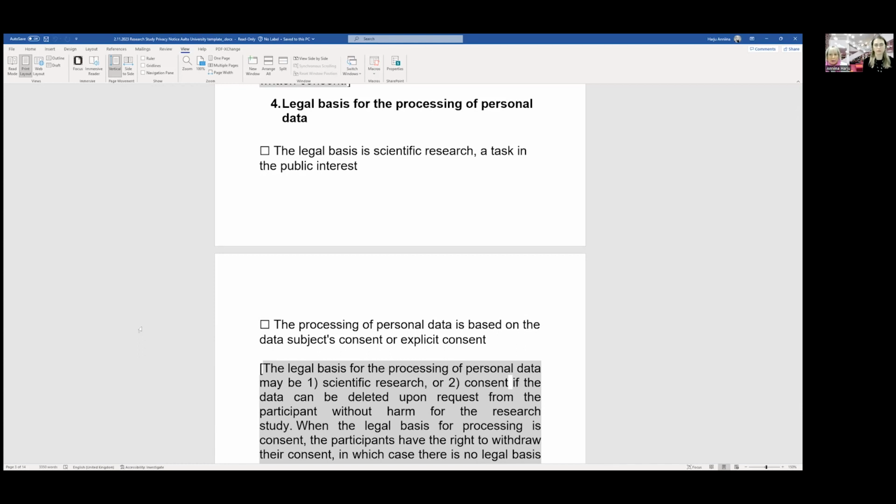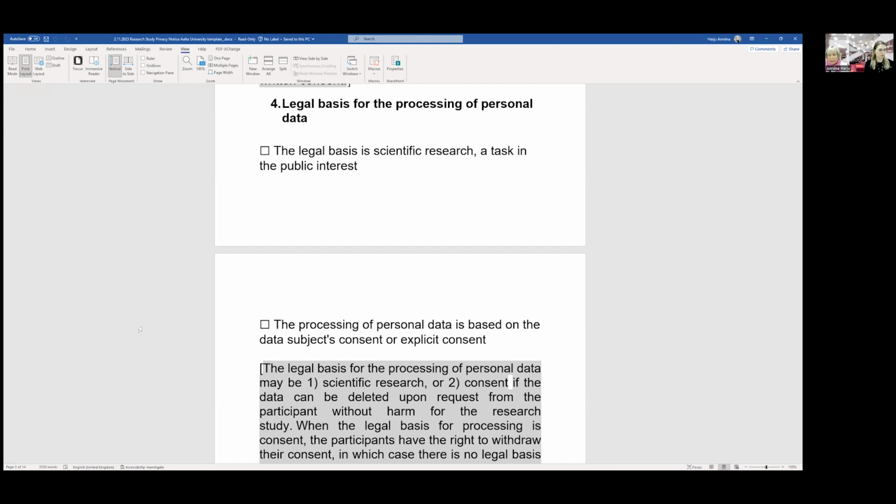And then we come to the legal basis. Then I must remind you that this is for studies where Aalto University is the controller, and we are therefore using the Finnish national legislation. The GDPR Article 6 lists different legal bases that can be used for research.